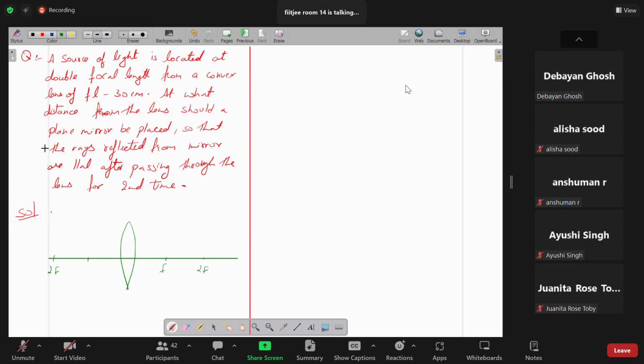So let's take the path of a ray from 2f. The ray will reach at this 2f.